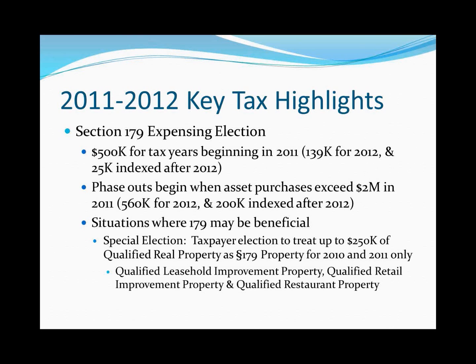But if you have qualified real property, then you could actually treat $250,000 of the $500,000 that you could elect to expense, you could have that applied to qualified real property. Generally, this expensing election does not apply to real property, so that was an added benefit. And that is qualified leasehold improvement property, as I said, qualified retail improvement property, and qualified restaurant property. The last two probably do not apply.